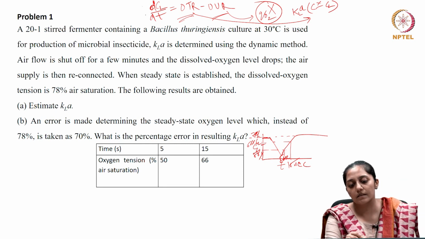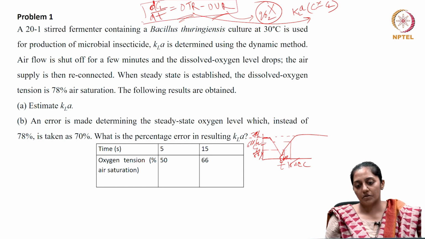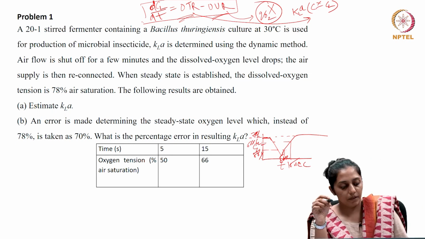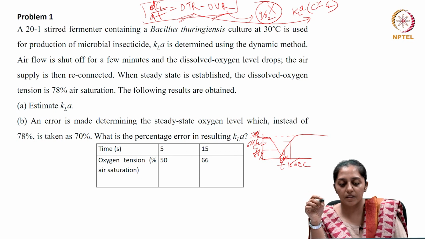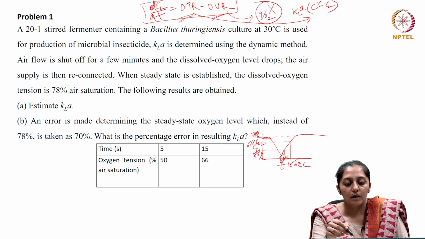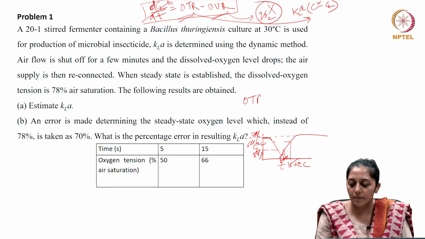Now with this equation for mass transfer of oxygen, the accumulation rate of oxygen in the bulk, we know that at steady state 78% is the bulk oxygen concentration, which we can measure. Now at steady state, which means dCl by dt is 0, so OTR will be equal to OUR.